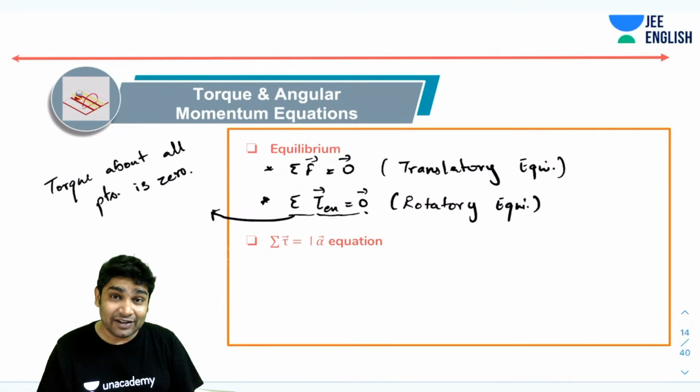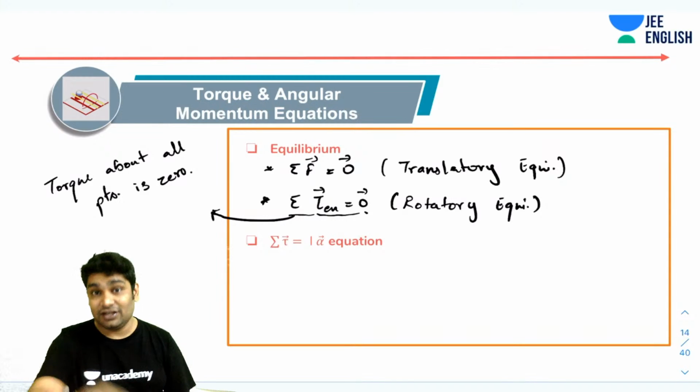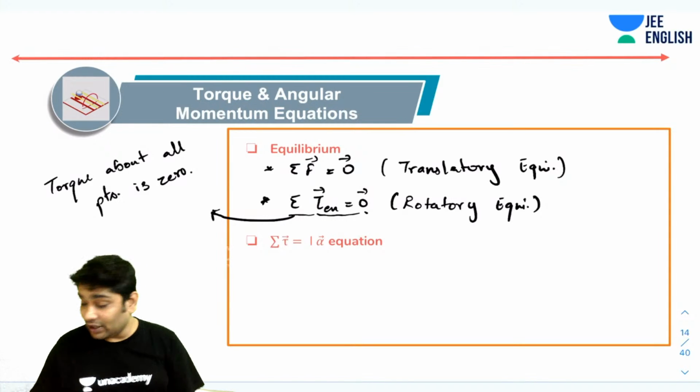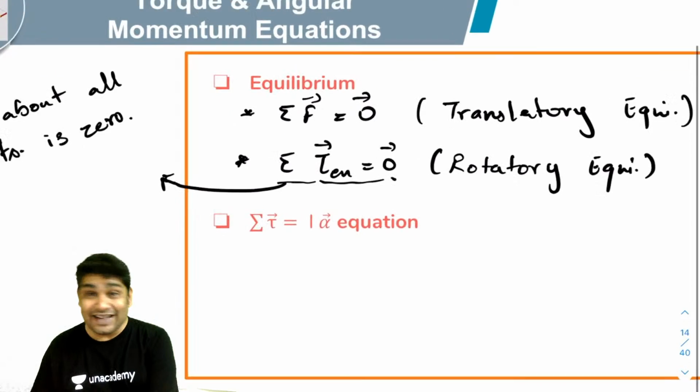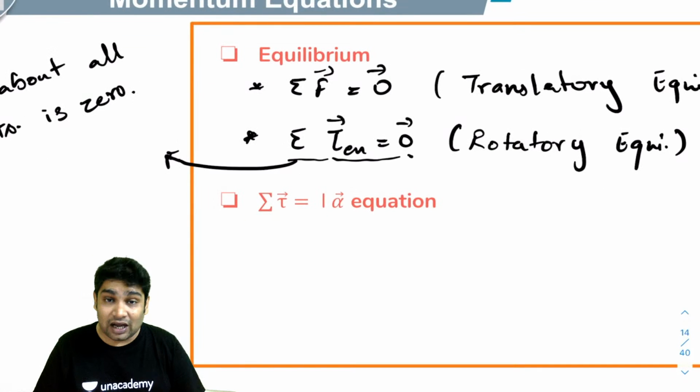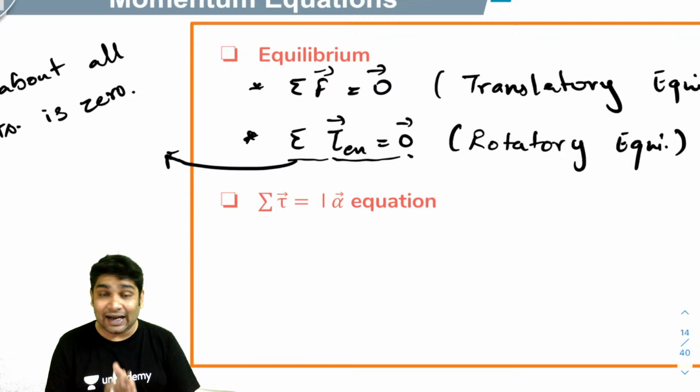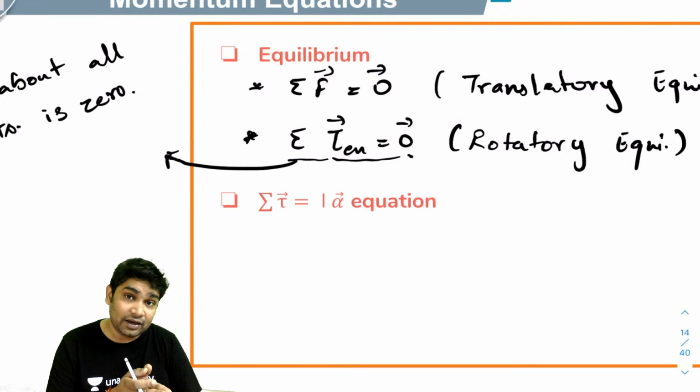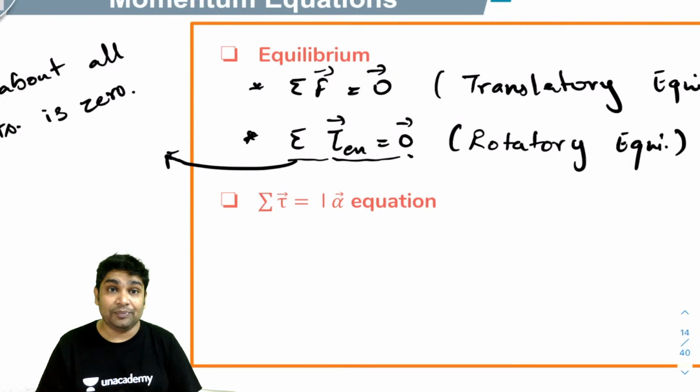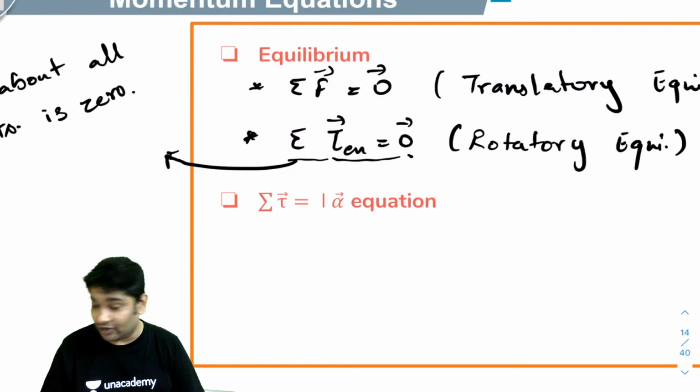if you don't have an equilibrium condition, then you can use the tau equals I alpha equation for analysis. How does that work? You can take torques about any axis of rotation, by the way. However, you have to make sure that the axis of rotation lies on a point which is inertial. Then you can apply the tau equals I alpha equation.